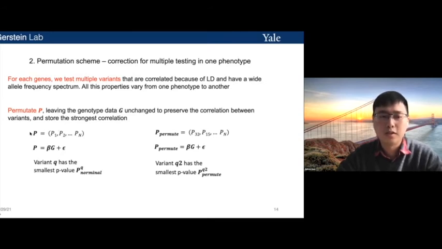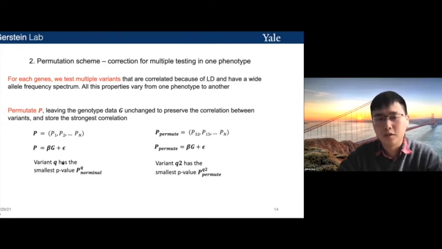By that, it means, let's say before you have this expression level of a gene, that is this P vector. Now you permute it, just shuffle the order of the expression levels, and then you could still do the same linear regression.